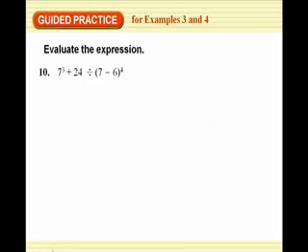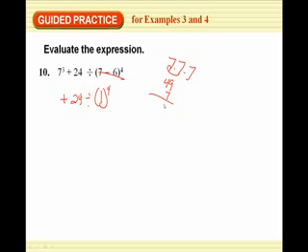Okay, number 10, evaluate the expression again. Look, they're getting more complicated. So I'm going to go in here. This is going to be a 1 to the 4th. And I can do that all day. That's easy. 24 plus 7 to the 3rd. 7 times 7 times 7. That's 49. 49 times 7 is 343.